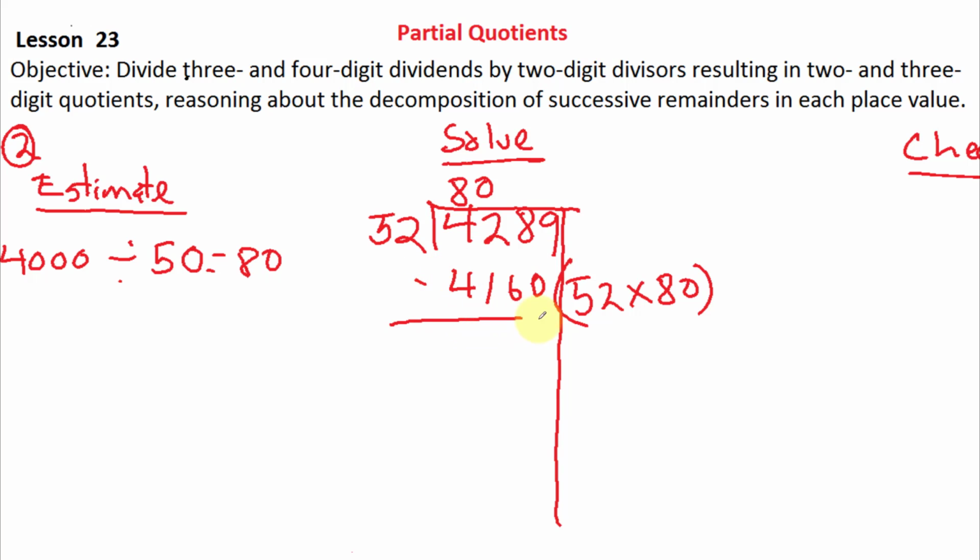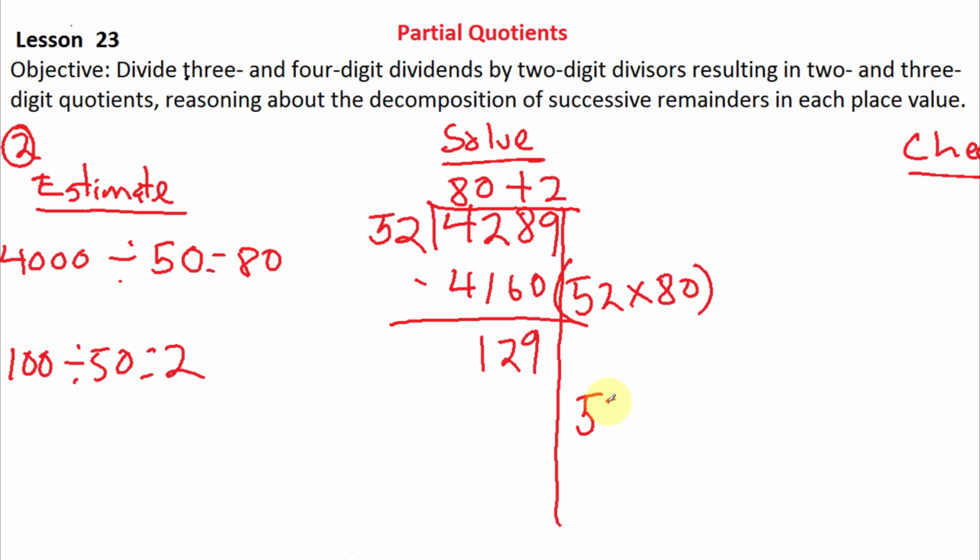Go ahead and subtract that out. I am left with 9, 2, and 1. 129. An estimate on that is going to give me 100 divided by 50 equals 2. So I'm going to add 2 to my partial quotients, and then I'll confirm that that works.